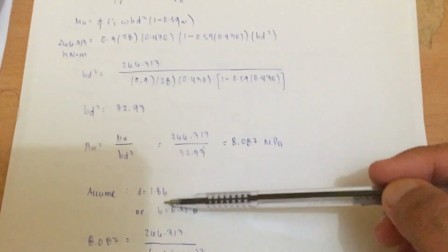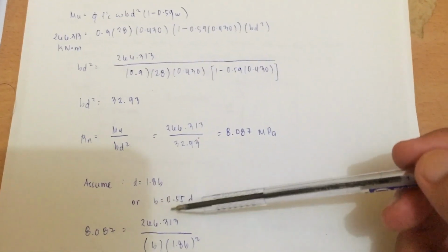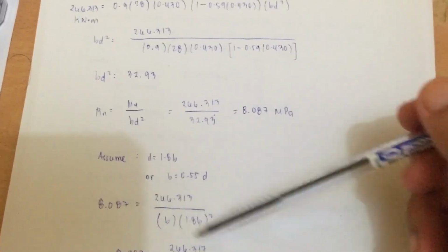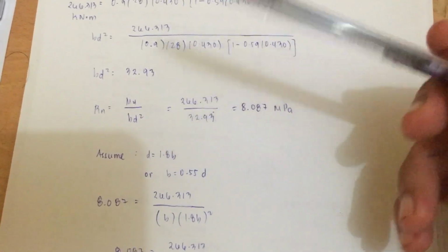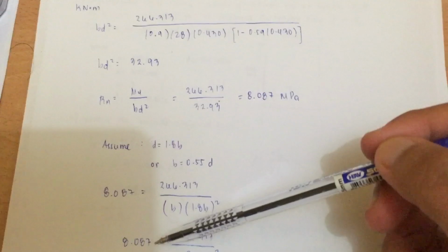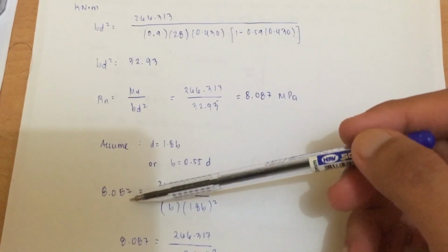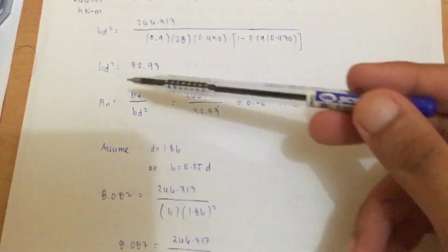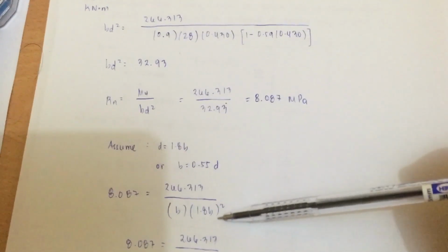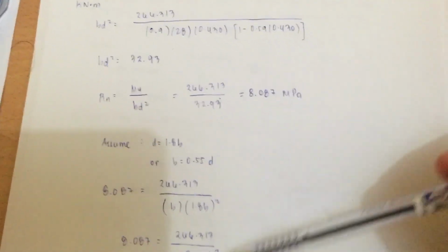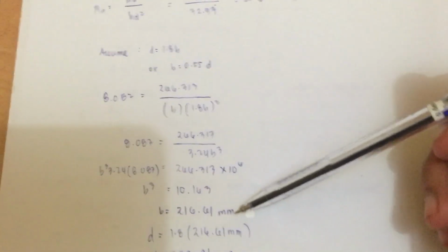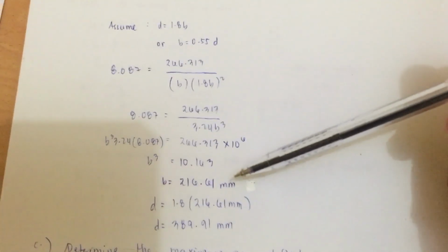So let's assume that D is equal to 1.8B, or B is equal to 0.55D. So by substituting, let's use D equal to 1.8B. So 8.087, which is your Rn, is equal to Mu, the factored moment, over B times D squared, which is 1.8B squared. And by mathematical process, we'll get B equal to 216.61 mm.